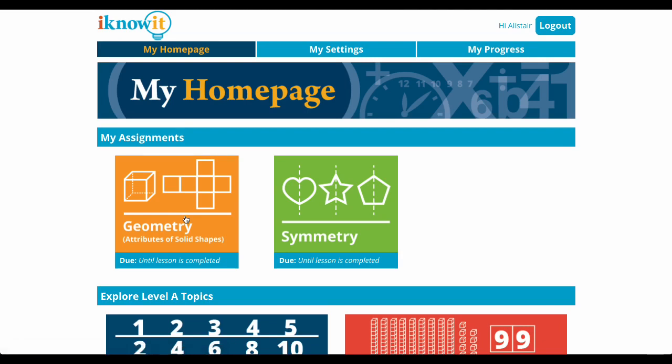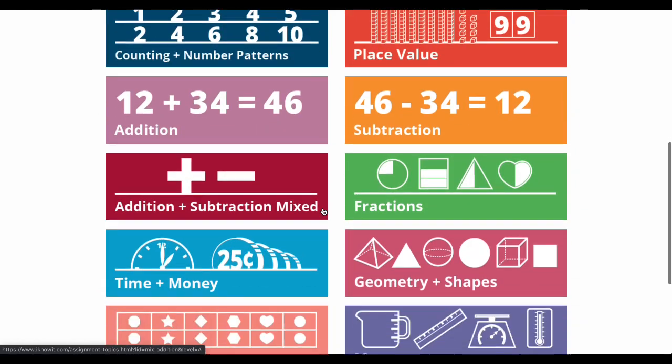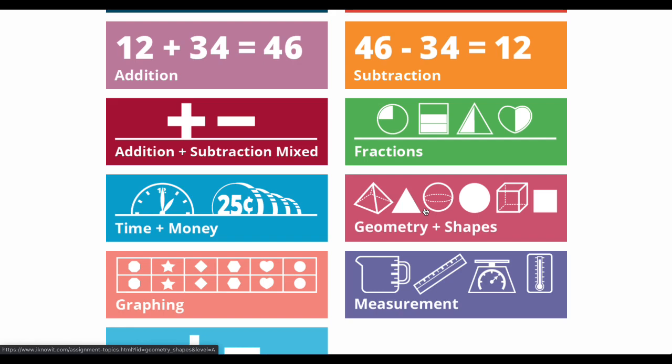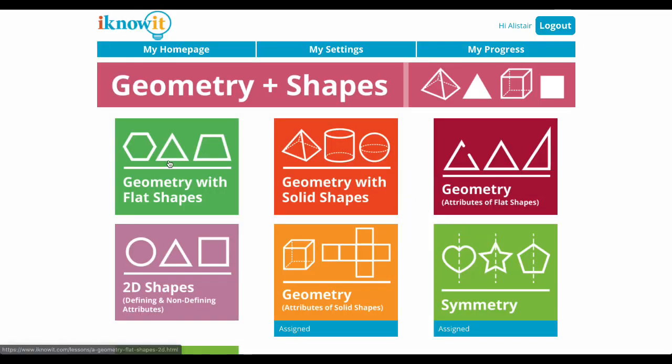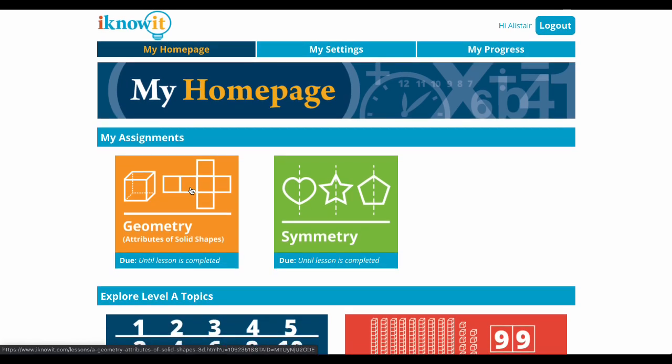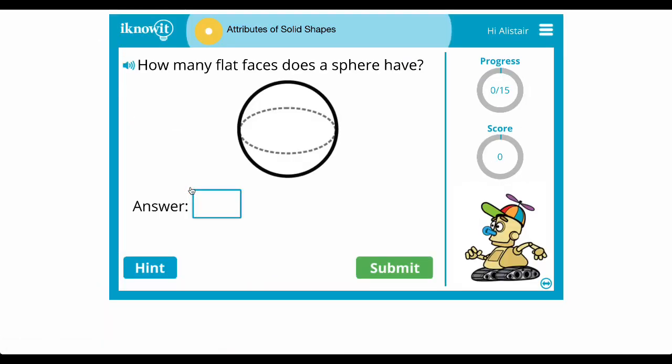And I've assigned you, anytime I give you an assignment, it's going to be up the top. 2 things, geometry, and because we've practiced this already, symmetry. And then there's all kinds of other things that you can work on. There's more geometry things that you could do. Shapes. Just shapes. But first, what I'd like you to do is geometry and shapes.